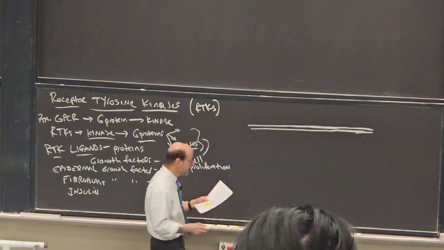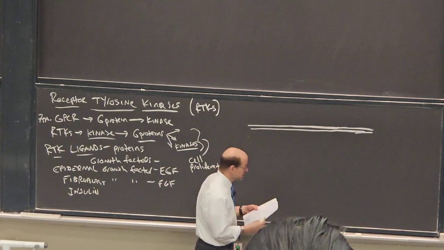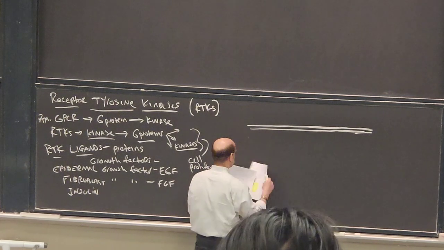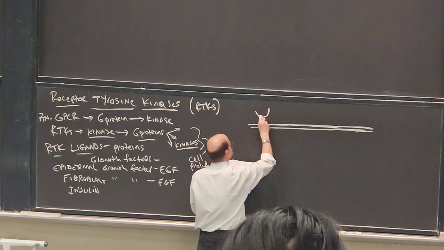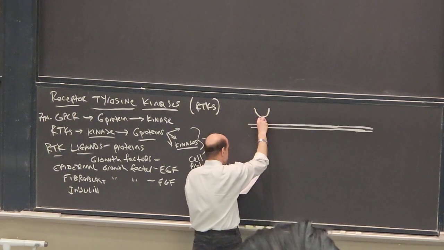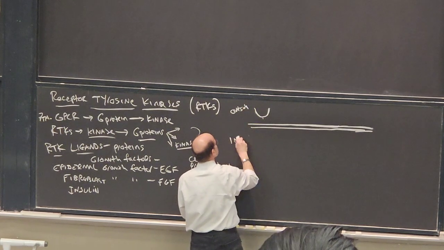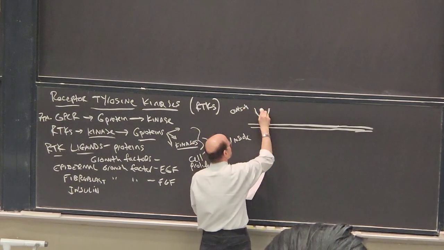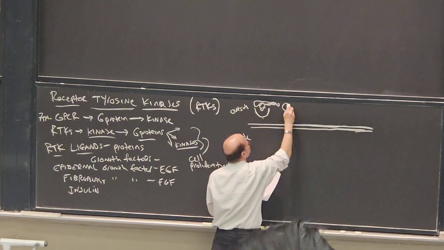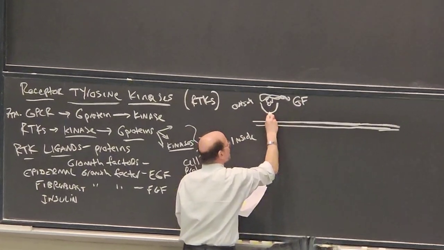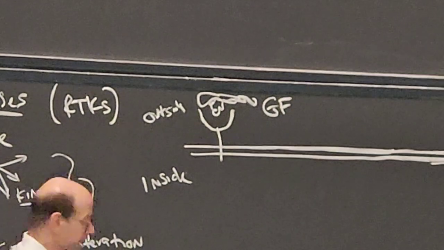For the most part, not all of these, but most of these receptor tyrosine kinases start out as monomers. I'm going to draw them like this. They have a part that's outside the cell. This is the outside, this is the inside of the cell. This is where they're going to bind their growth factor. They have a transmembrane segment. They don't have 7 transmembrane segments, they only have 1.